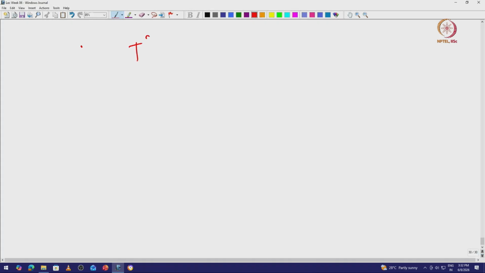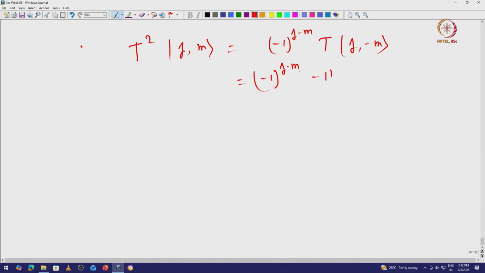Now, if we apply twice, so the first one gives us minus m, j minus m acting on j minus m. If I apply twice, this one acting on j gives you minus 1 to the power of j, j remains j, and it has to change m to minus m, right.